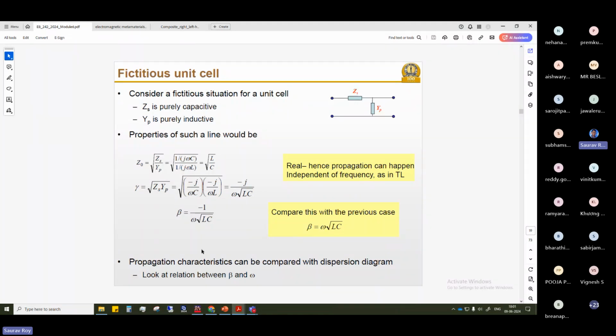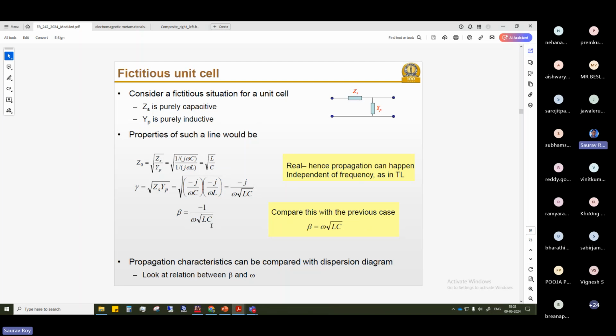Your phase shift is now negative compared to the previous case, where it was omega root LC. Here it is opposite, and not only that, omega also comes in the denominator now. So this is what is a negative, or left-handed, material. Just by interchanging the capacitor and inductor, gamma becomes negative.